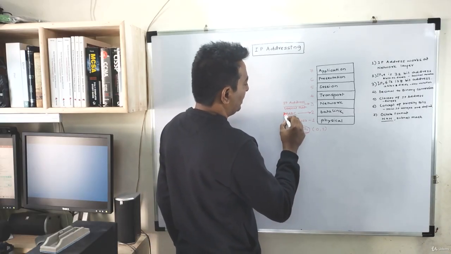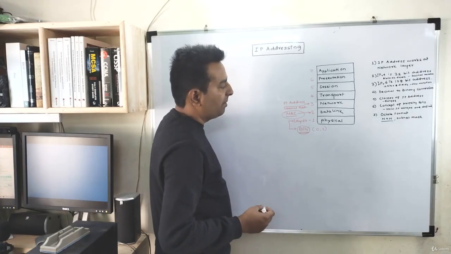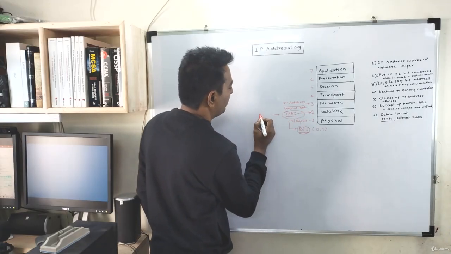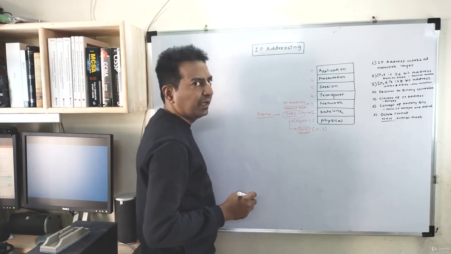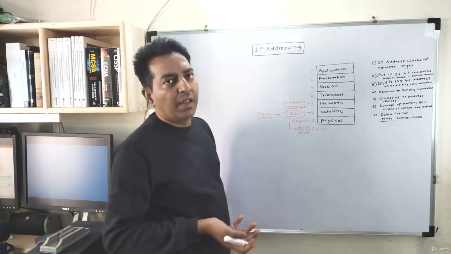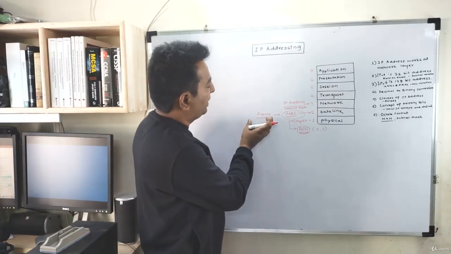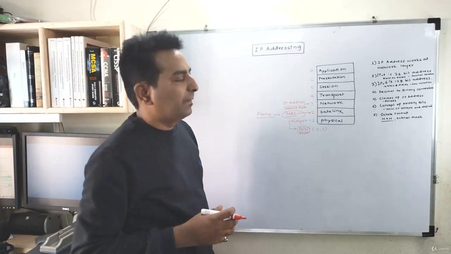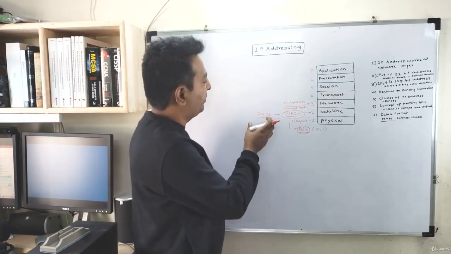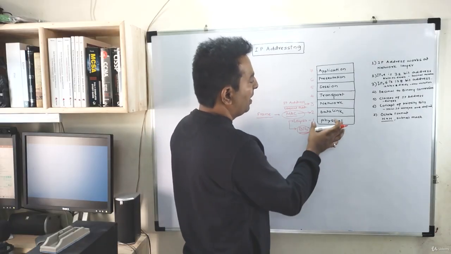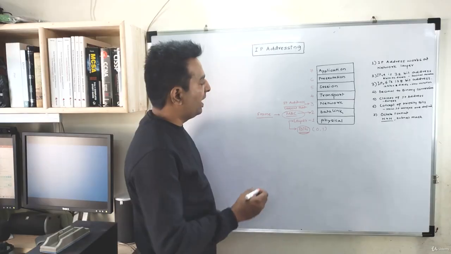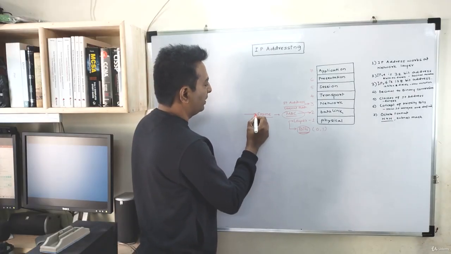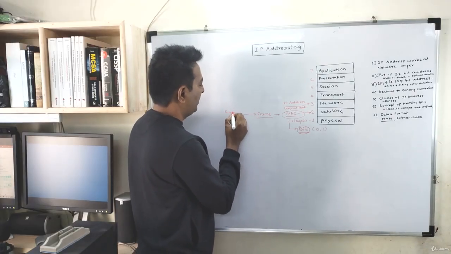Then data at the MAC address layer is in the form of frames. When communication happens on the network, data at this layer is in the form of a frame. This frame can only be understood by the data link layer, and the device that works at the data link layer, or layer 2, is the Ethernet switch.